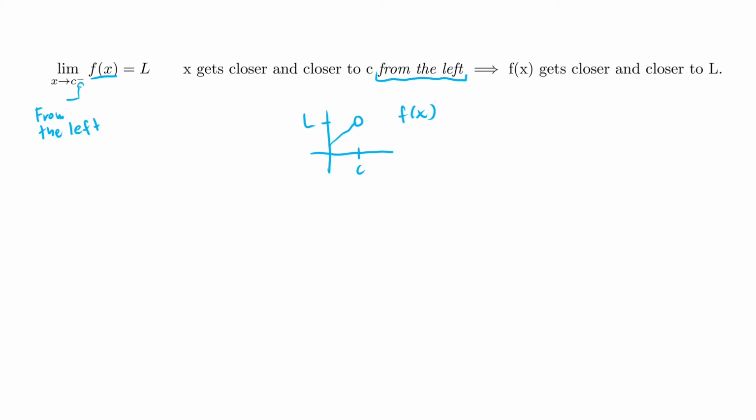Don't think of this as negative. This can certainly be a positive number. c in this case is positive, L can be positive. All that negative sign means is from the left.